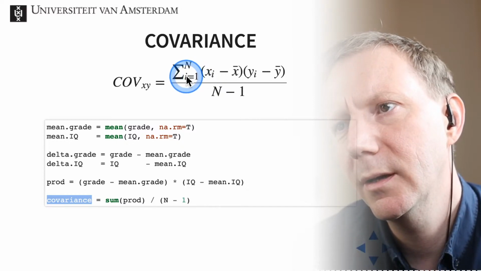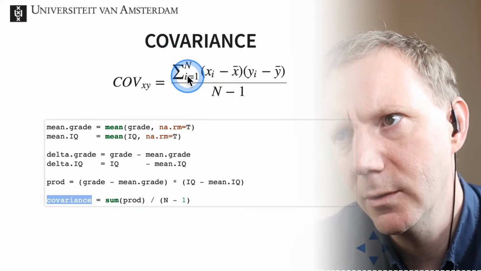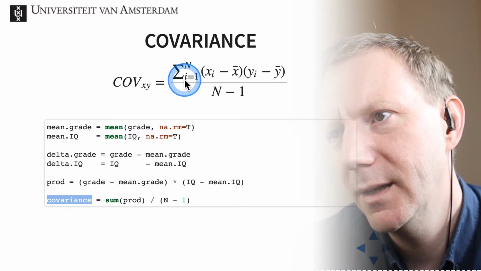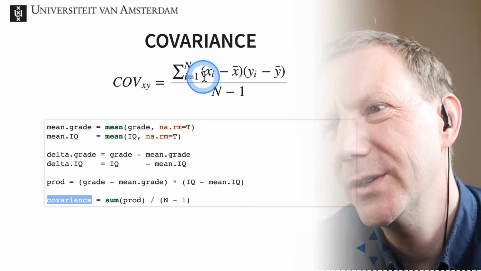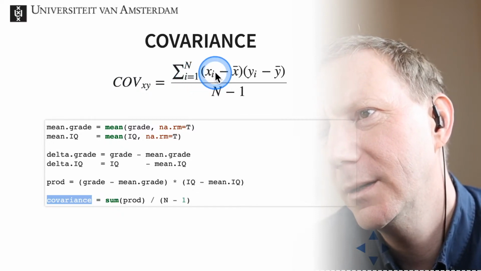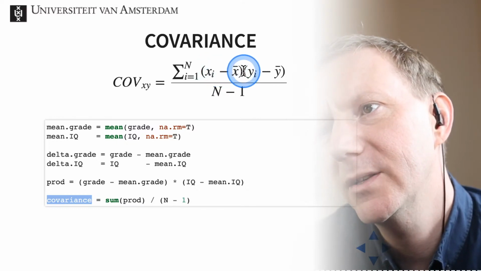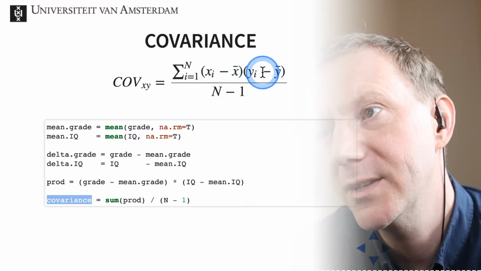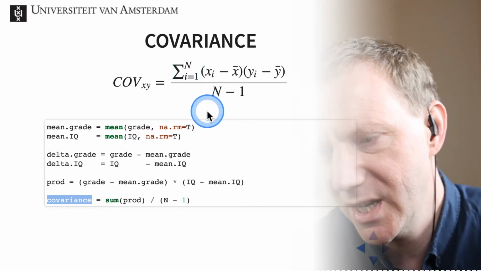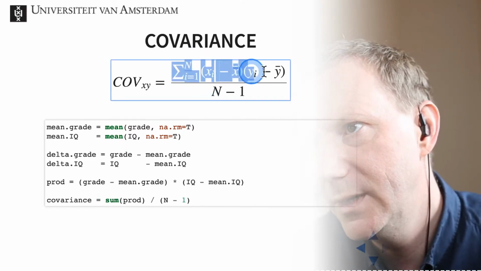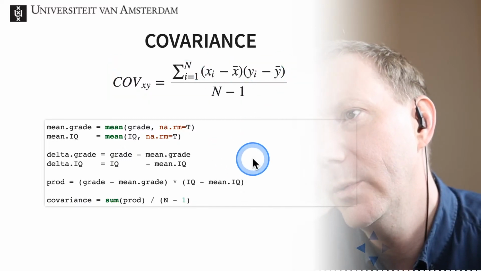It means that you're summing over each individual. Let's say that it stands for individual. So we're looking at the first person. What is the score for the first person? Subtract the mean and multiply that by the score for the first person on the other variable minus the mean. This sum function essentially says you have to do this for all the people in your sample.